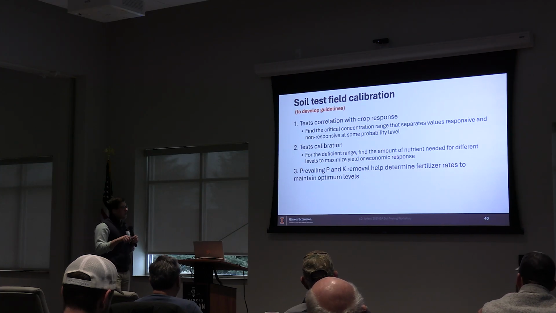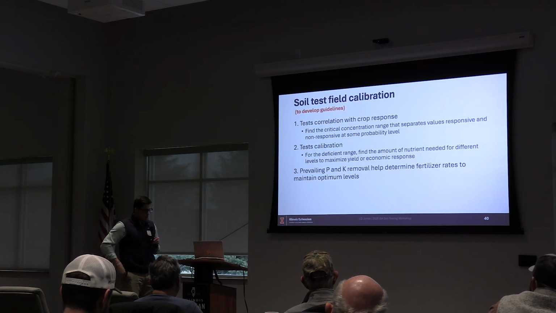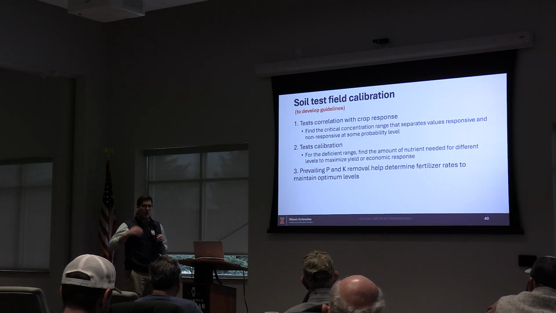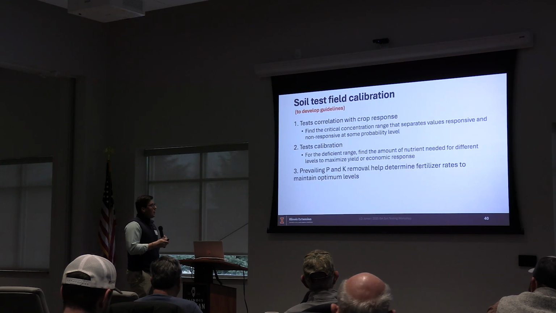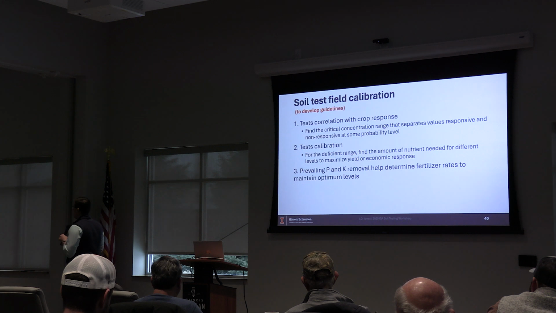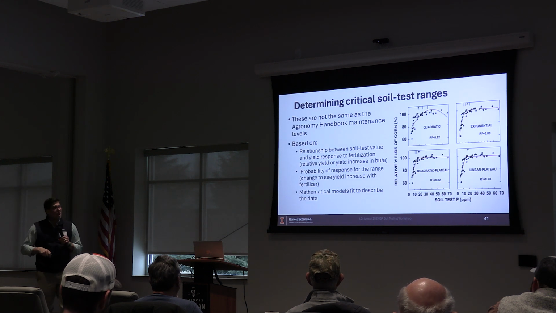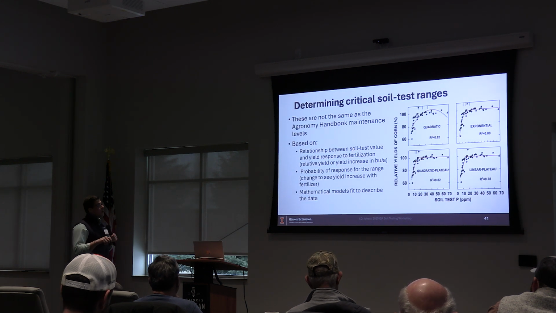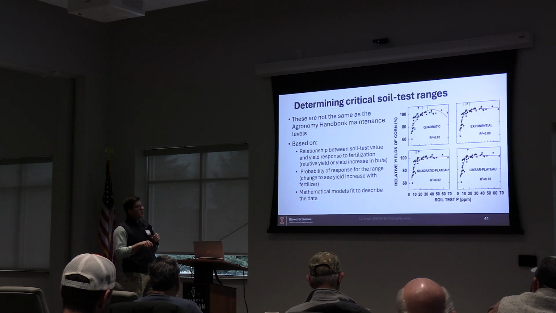And then there's kind of the other component, because based off of our, I'll say, build and maintain philosophy, where we're trying to optimize soil test levels and keep them there, is that there's really an important component of removal when we think about what we're removing out of the field relative to how our soil tests will change as well. Essentially, we look at the relationships between soil test phosphorus and relative yield in a few different ways.